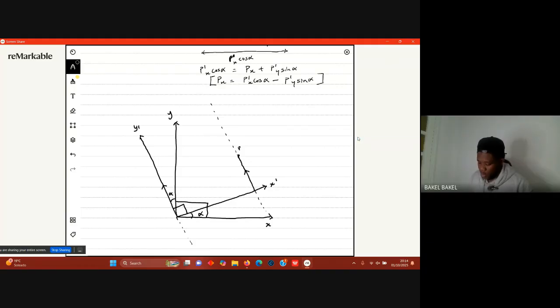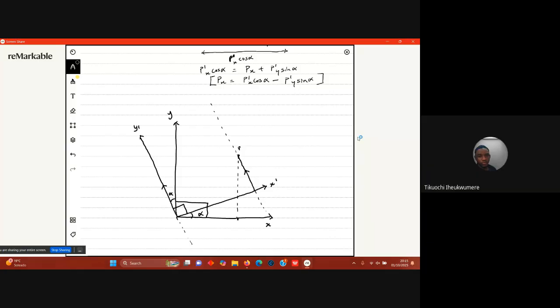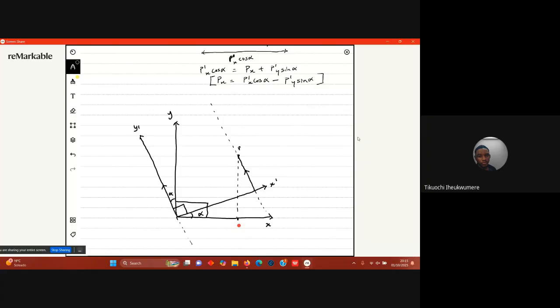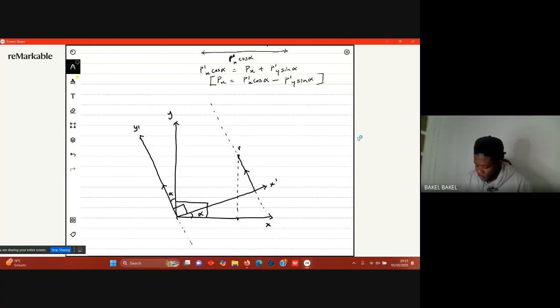Now I can say, from here, remember what we drew was a consequence of tracing down to x. We had to trace down to this point, right? And now we have something like this, and I can choose to extend it to infinity, right?